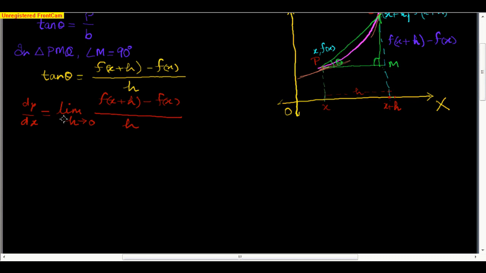So this is the differentiation. In this way we can get the differentiation of any function.